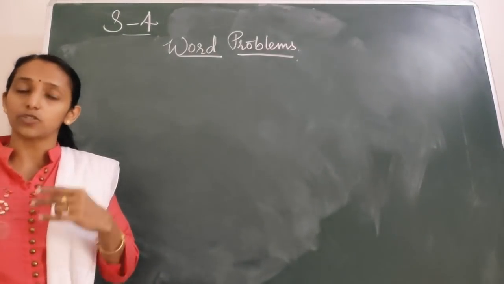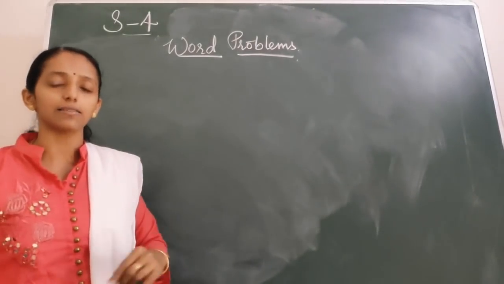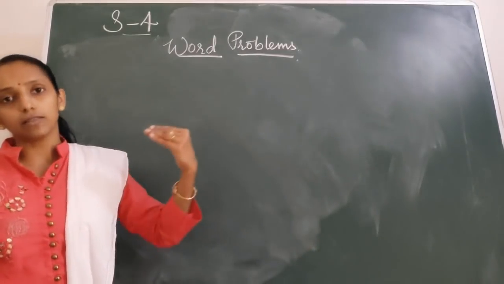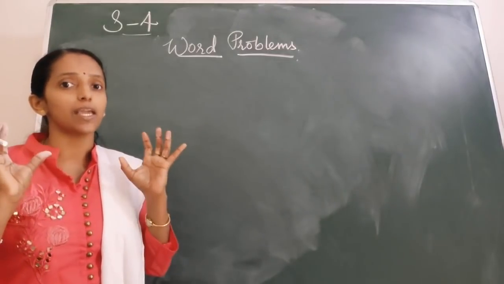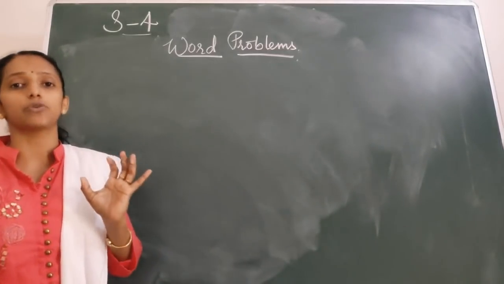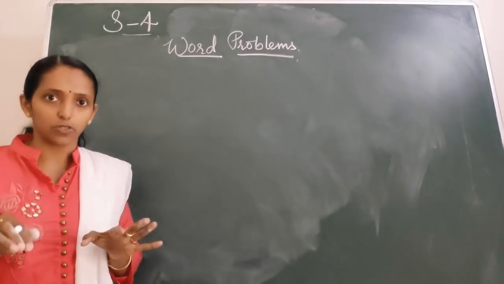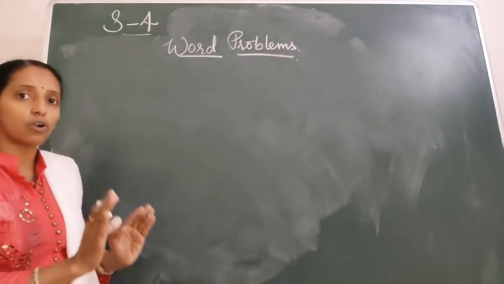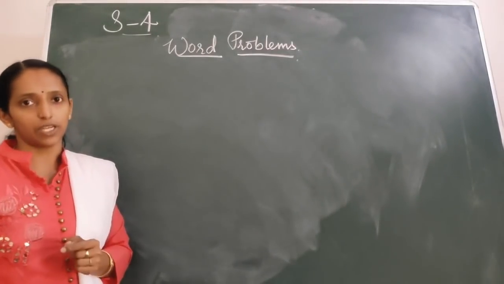If two unknown quantities are given, one of the quantities we will take as x and the second quantity we will connect in terms of x. Then according to the condition we will frame an equation in terms of x, and after framing it we will solve and make it into the standard form of a quadratic equation.